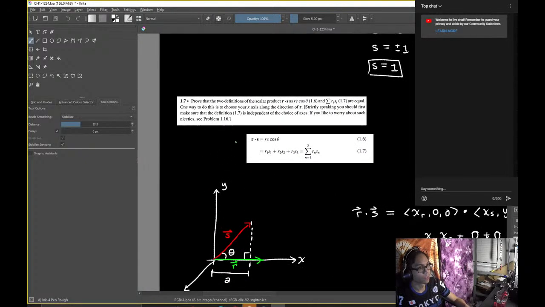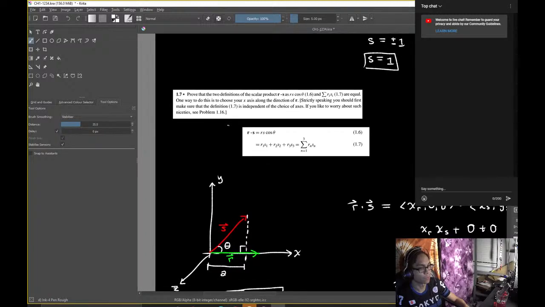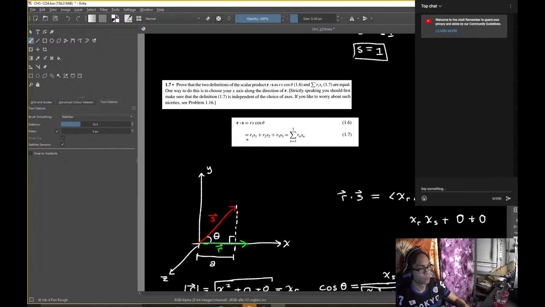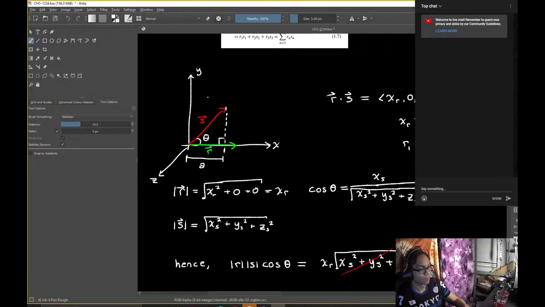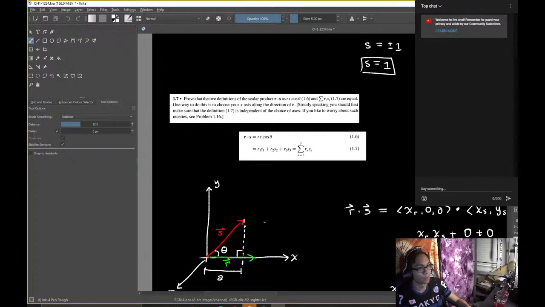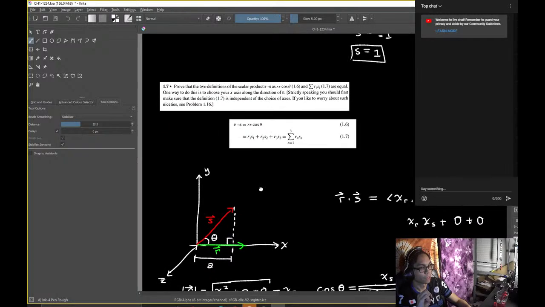It's one perfect thing. So one way to do this is to choose your x-axis along the direction of r. Strictly speaking, you should first make sure that the definition 1.7 is independent of the choice of axes. First things first, you've got an independent choice of axes. So whatever choice that you have, it has to be a projection of S every time.